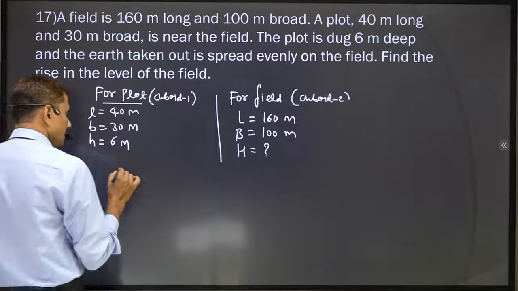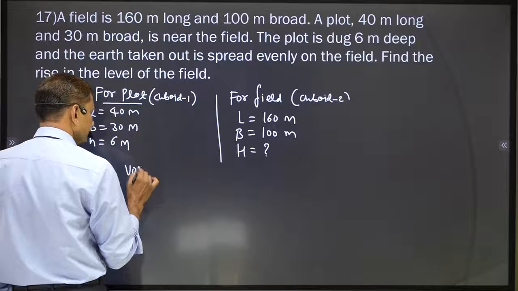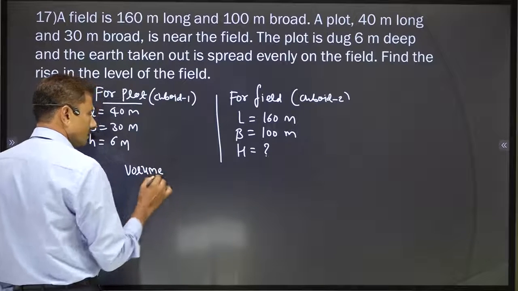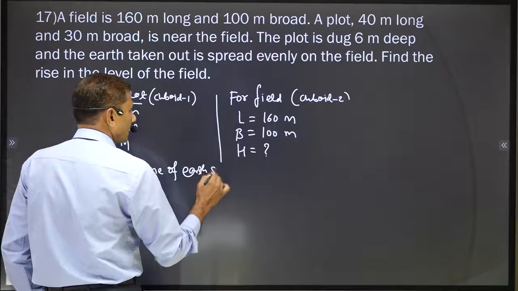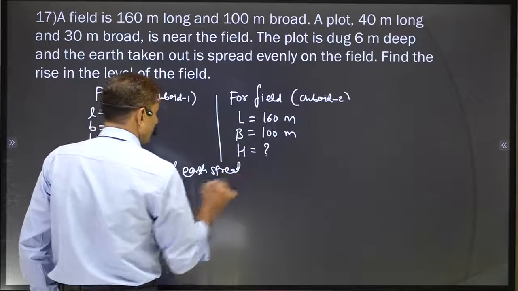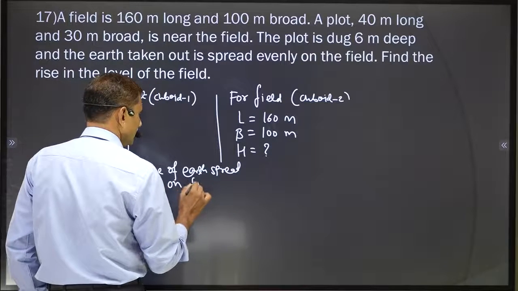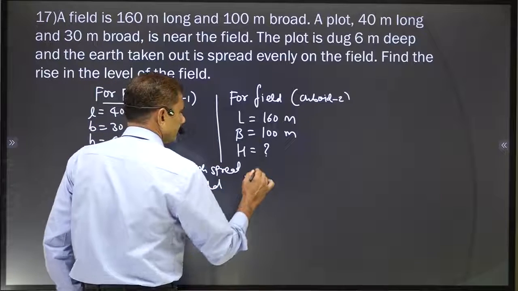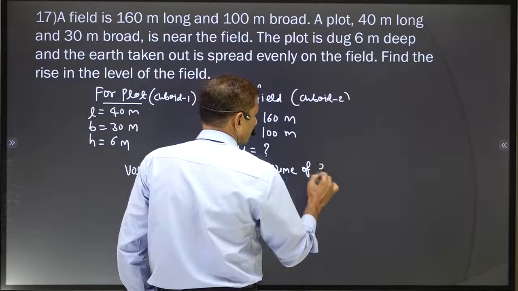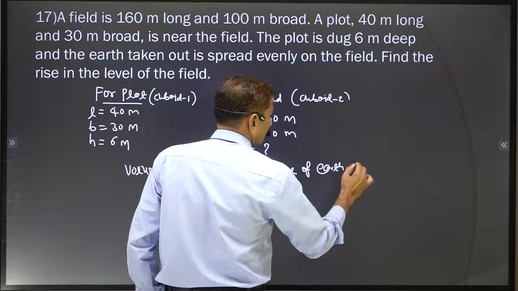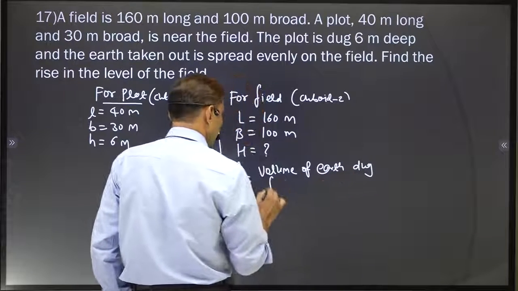So you just write: volume of earth spread on the field is equal to volume of earth dug from the plot.